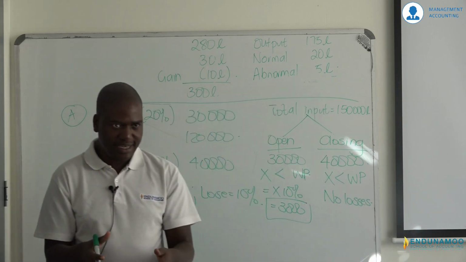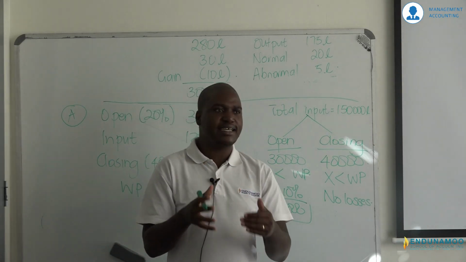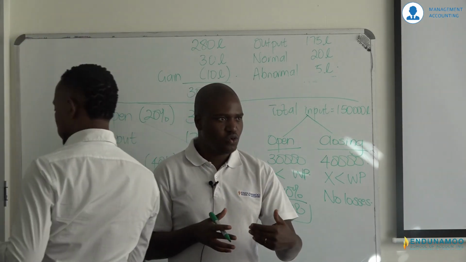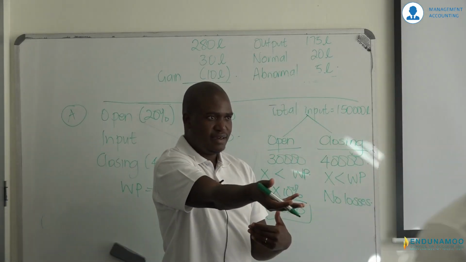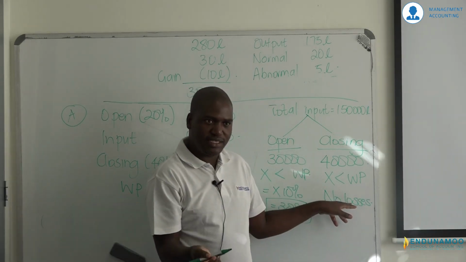Then closing, has it reached the wastage point? If the answer is no, it means that it's going to reach the wastage point in the next year. Do you understand? So this year there are no losses relating to it.